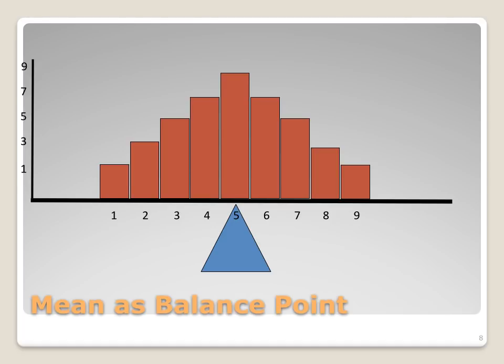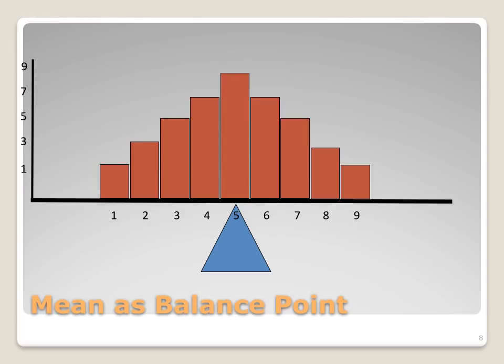Let's look more in depth at the idea of the mean as a balance point. If all of our frequencies are distributed symmetrically, we would be able to balance the mean in the middle at the highest point. We could also figure out that the median and the mode are the same as the mean.